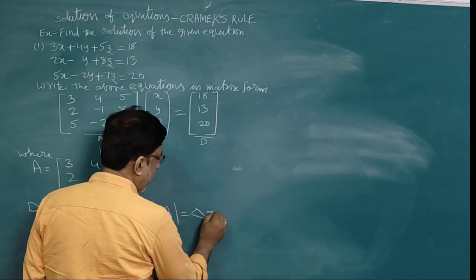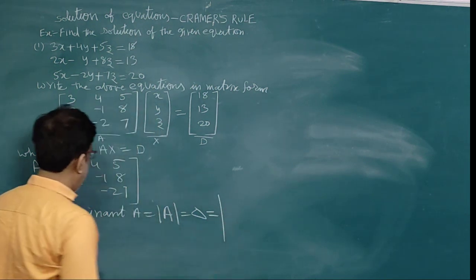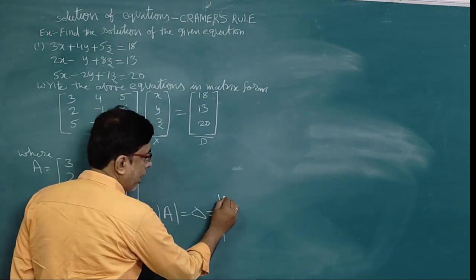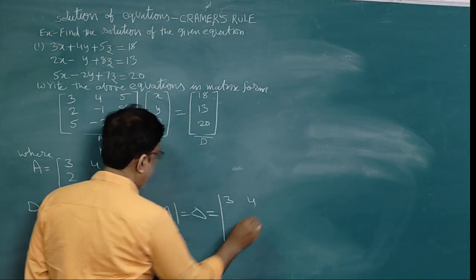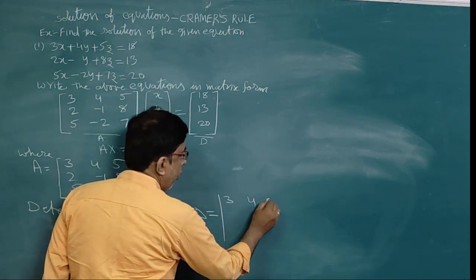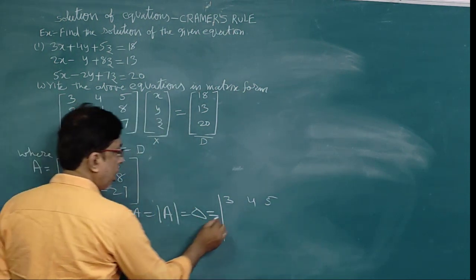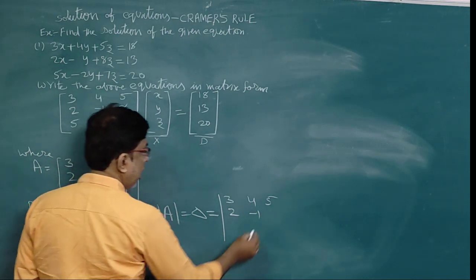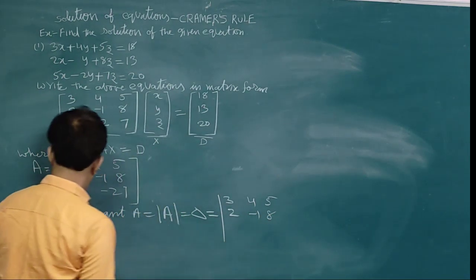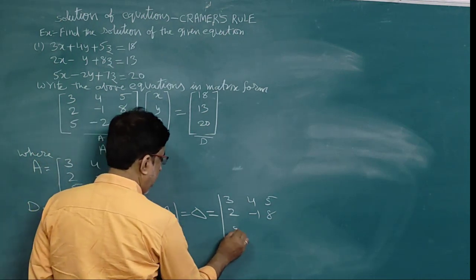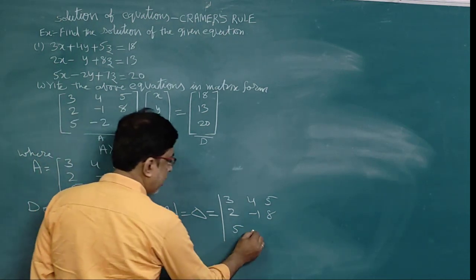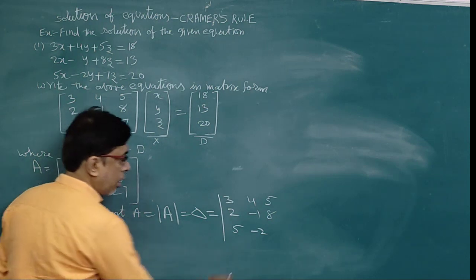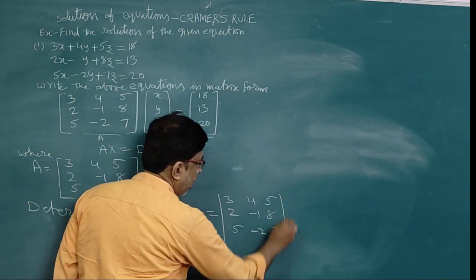Delta is equal to the determinant of 3, 4, 5; 2, minus 1, 8; 5, 2, 7.